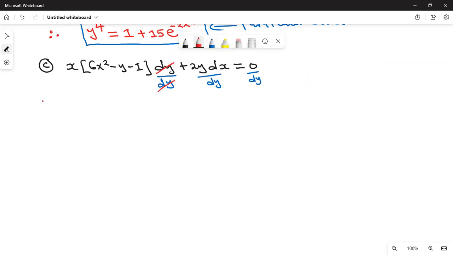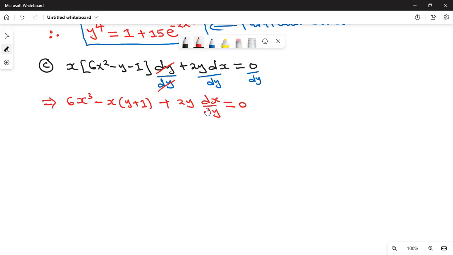So you can say that this implies that x, of course, this is now 6x cubed minus x into y plus 1, then plus 2y dx over dy is equal to 0.